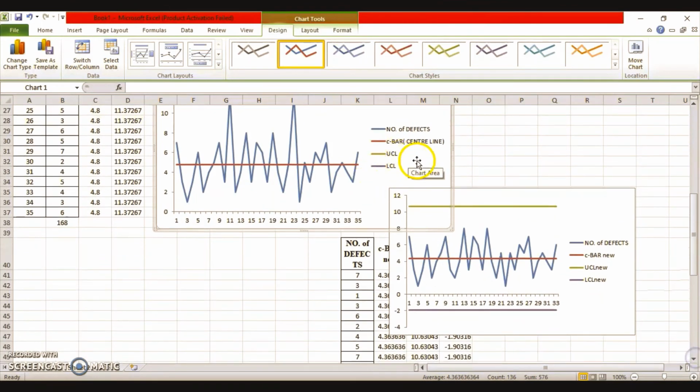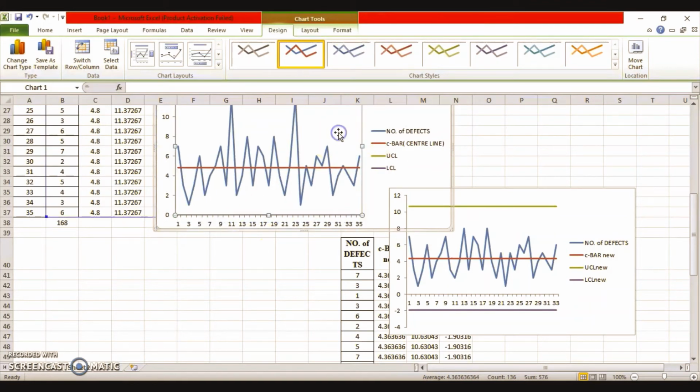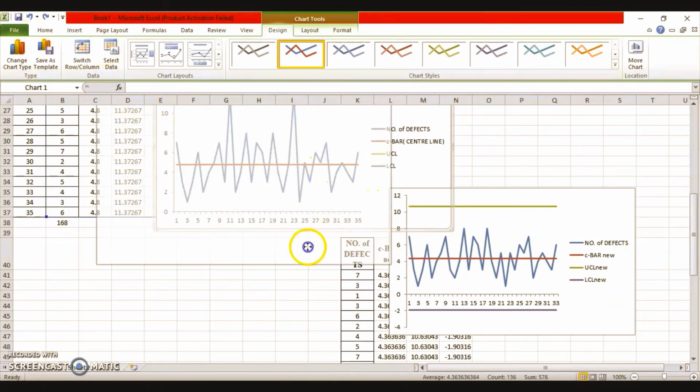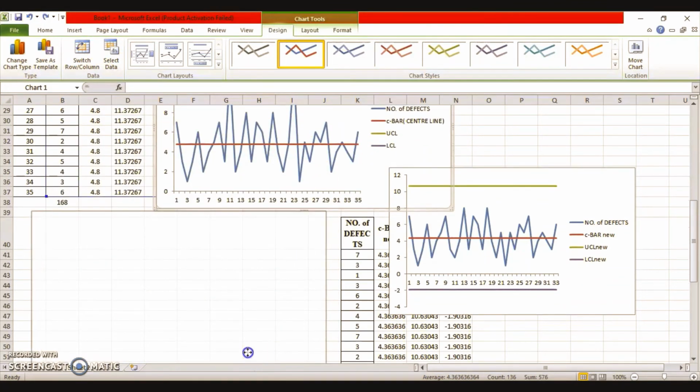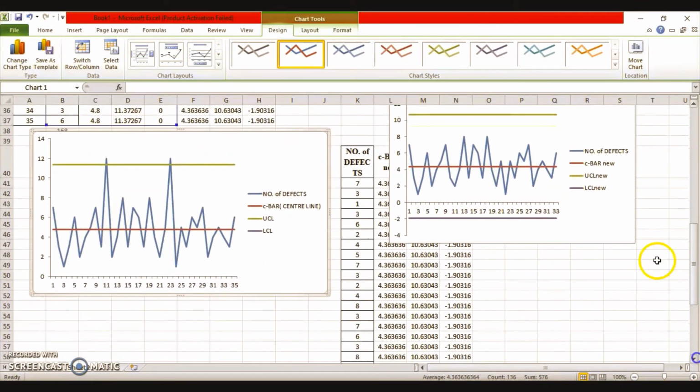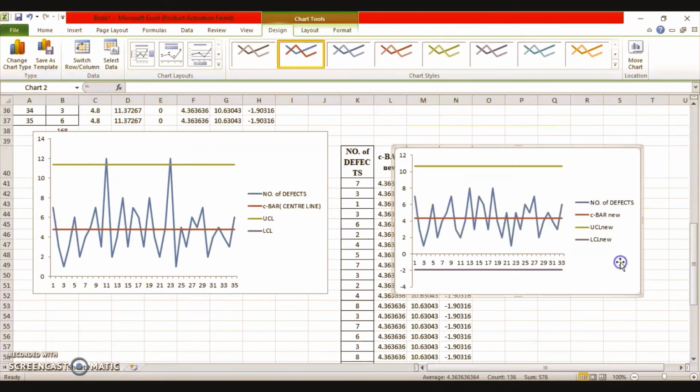It will be better. Okay. Just a moment. It's a bit tricky to move this graph. Alright. Now you can see the two graphs are in front of you.